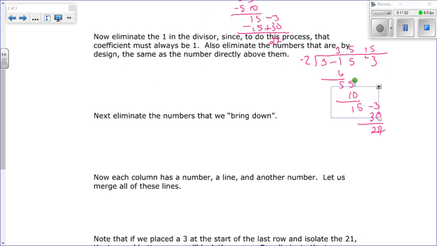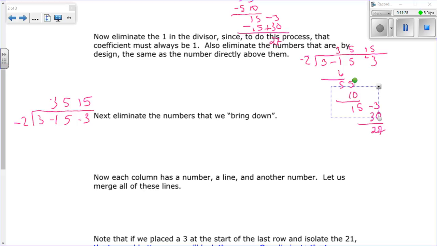So the next thing to do is eliminate the numbers we bring down. I'm going to try on this side this time. It's negative 2, and I have 3, negative 1, 5, negative 3, and then on top is 3, 5, and 15.